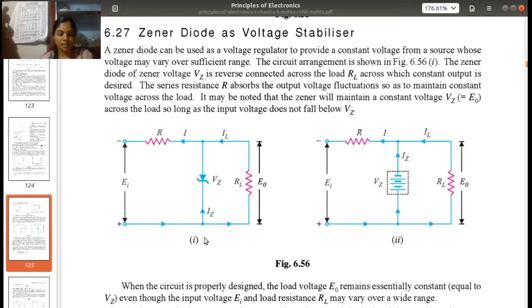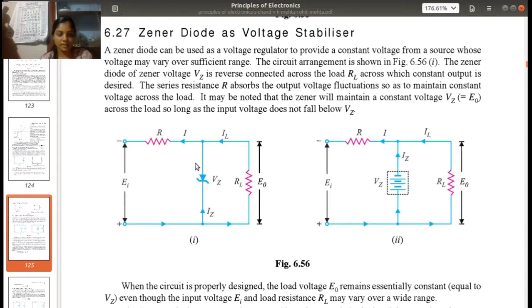When the input voltage increases, there is a large increase in the Zener current after the breakdown. This increased current also flows through the series resistor and causes more voltage drop across it.